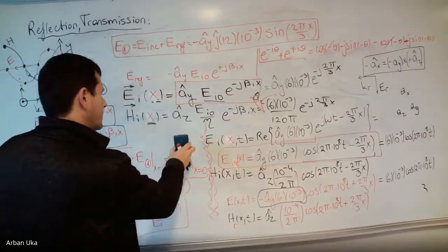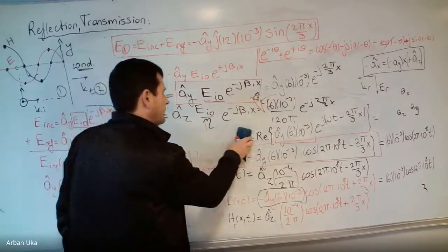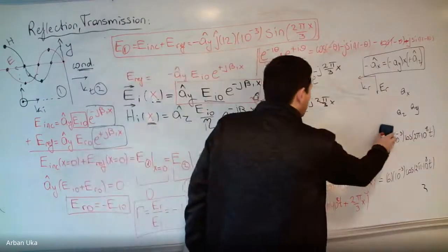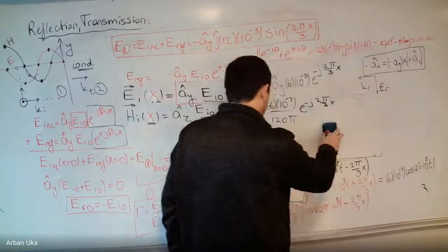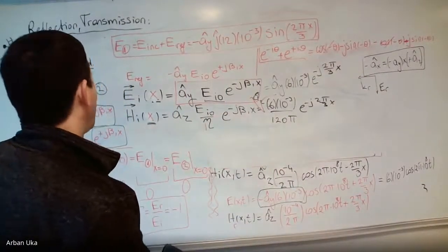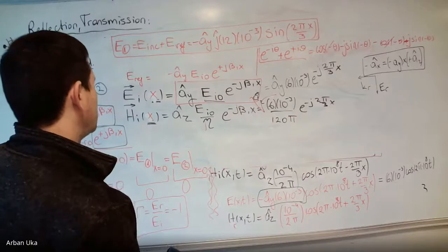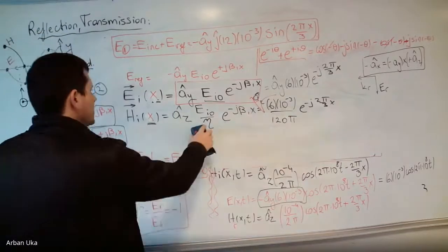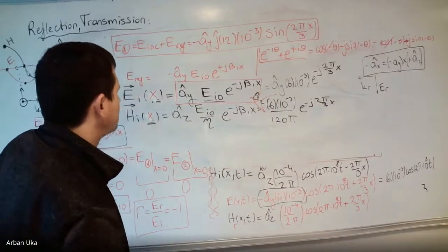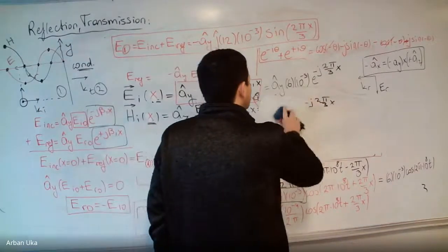I believe we can erase this part here. Okay, maybe we can see it from here. So this is the incident H. And let's take this out just for a second.